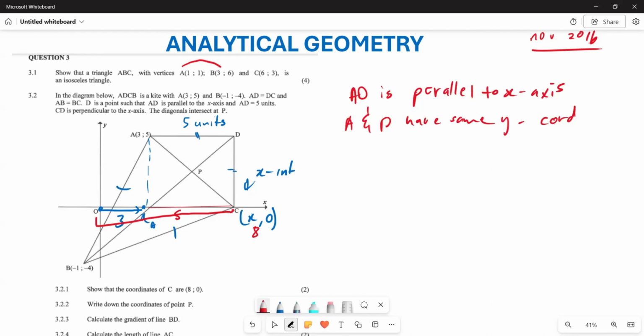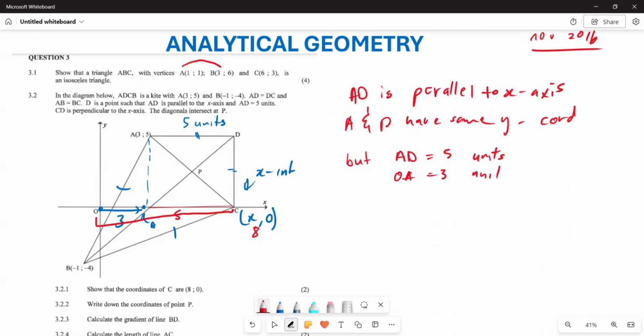We know that AD is equal to 5 units, and from here we also know that OA is 3 units.